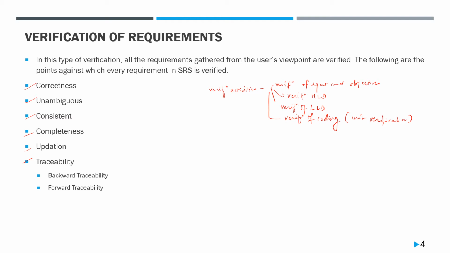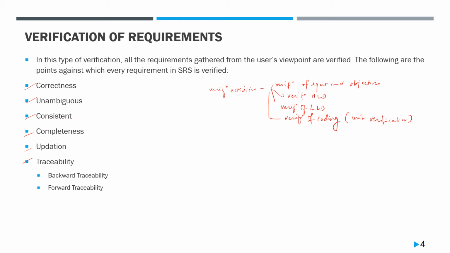The output should be displayed like track A's speed is X. It is clear now that verification starts from the requirement phase and every requirement specified in the SRS document must be verified. But what are the points against which verification of requirements will be done?